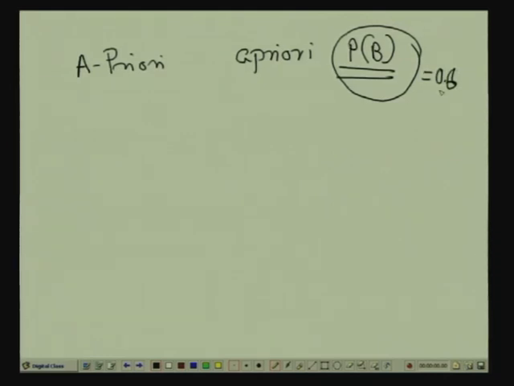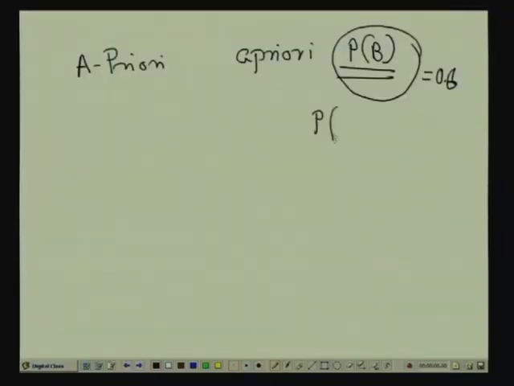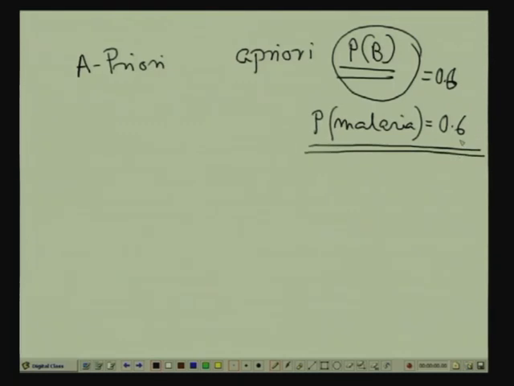You go to a village and carry on some experiments just on the occurrence of malaria in that village. So, P of malaria, you find that 6 out of every 10 persons are inflicted with malaria. So, the probability of malaria is 0.6.